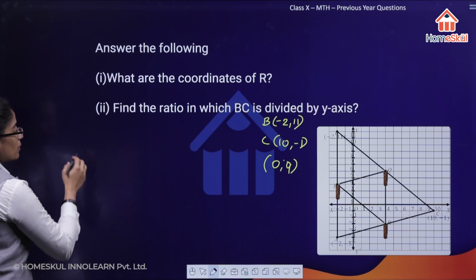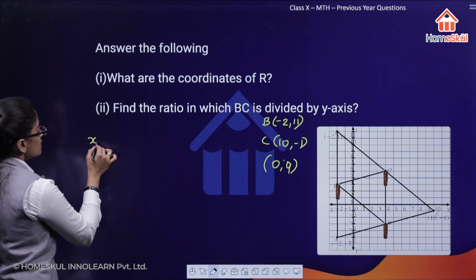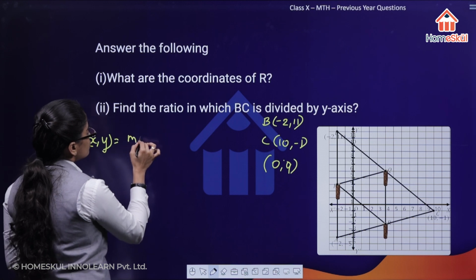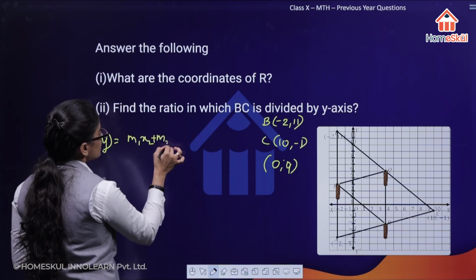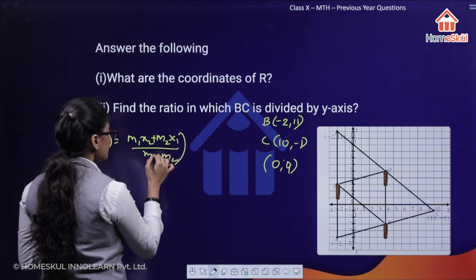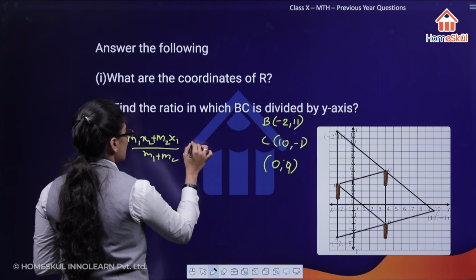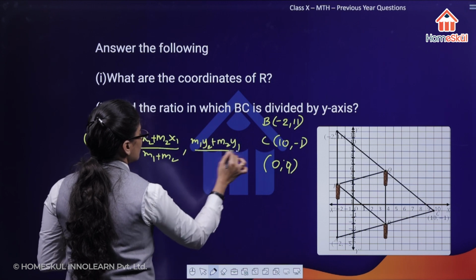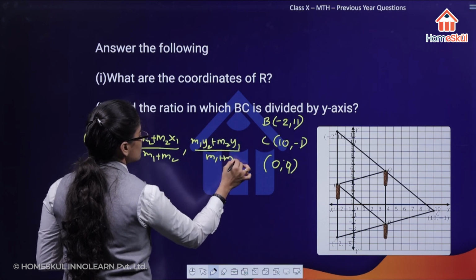So, 0, 9 is the point. Using the section formula. What is the section formula? X, Y is equal to M1 X2 plus M2 X1 divided by M1 plus M2 and M1 Y2 plus M2 Y1 divided by M1 plus M2, isn't it?